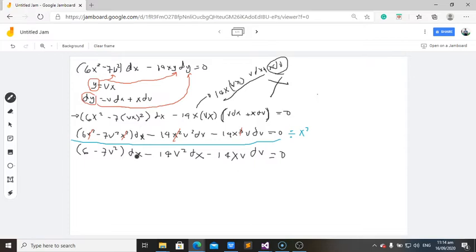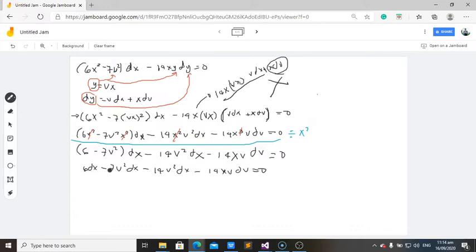Then we could distribute dx ani para pwede nato matapo ni siya na kay 6 dx minus 7v squared dx minus 14v squared dx minus 14xv dv equals 0. That is x.